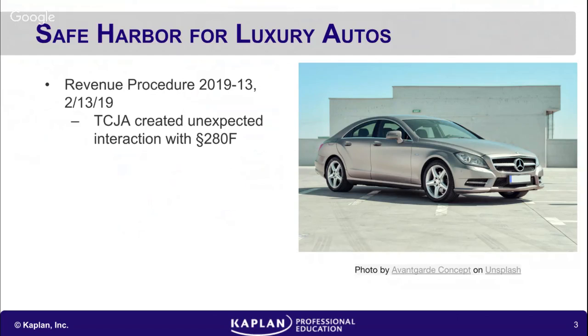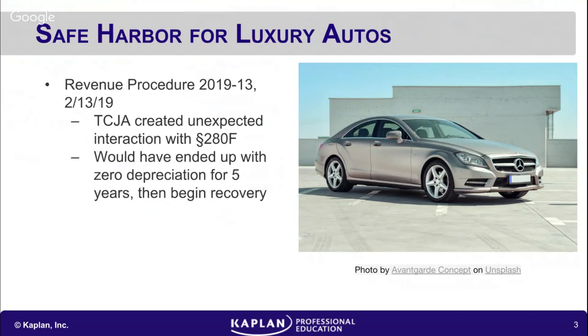Why is there a problem with what they did with the Tax Cuts and Jobs Act? Well, here's our problem. Under the rules of 280F, generally what happens is we compute our depreciation like normal. Any depreciation that's disallowed in a year from what it would have been normally as 5-year MACRS depreciation is held back, and then we begin to use that up after we get past the end of the recovery period.